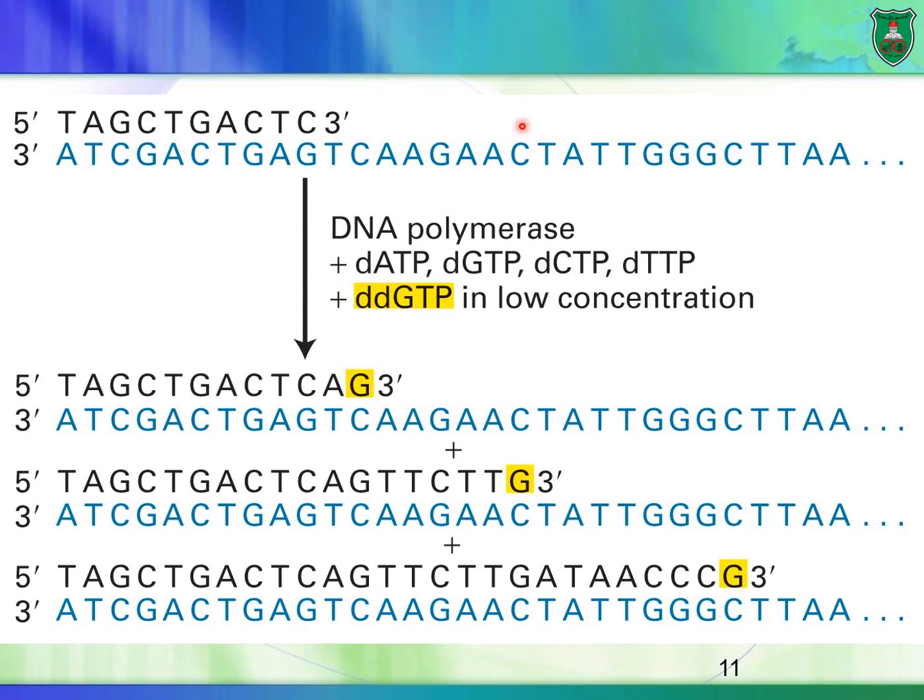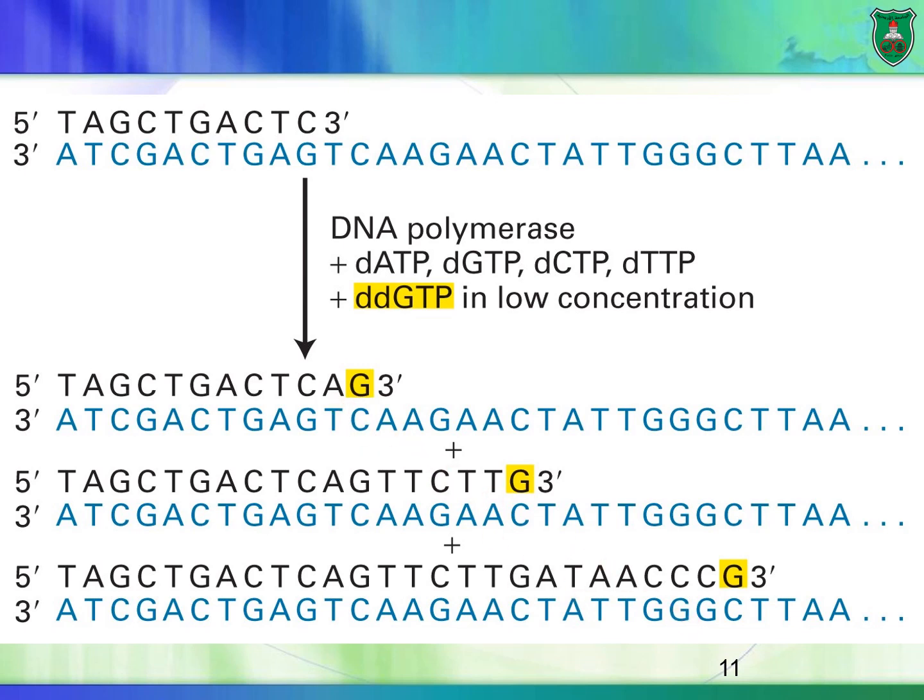Okay, so let's say that we have other 100 DNA molecules with synthesis terminated. We have 800 that can continue, and so on. And we will have another 100 templates with DNA synthesis terminated right here. So we will generate DNA fragments of different lengths, right?